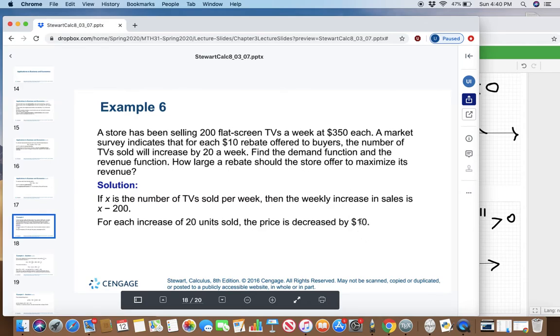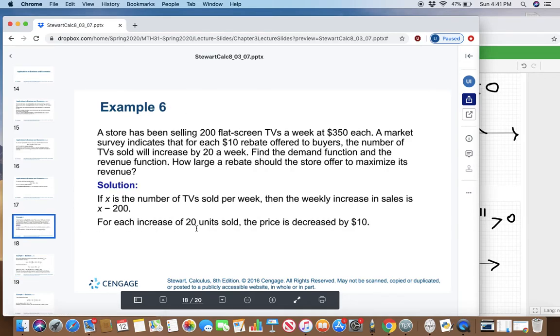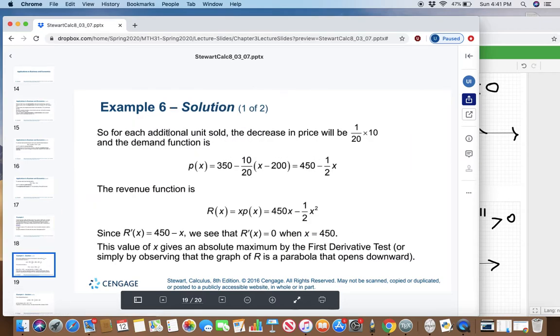You decrease price by 10, you sell 20 more. Okay, this is a bit tricky to understand. What that means is, for 20 units to sell, you decrease the price by 10. So for 1 unit sold, you will have 1/20th of 10 decrease in price.